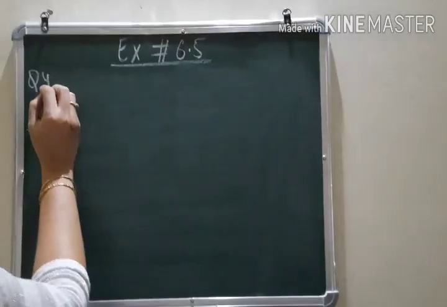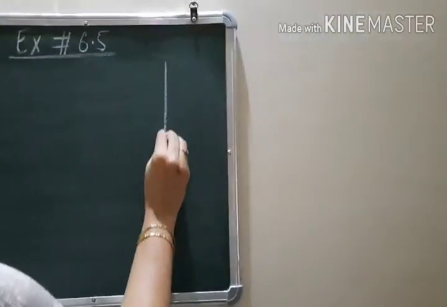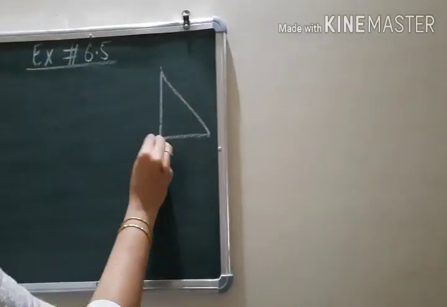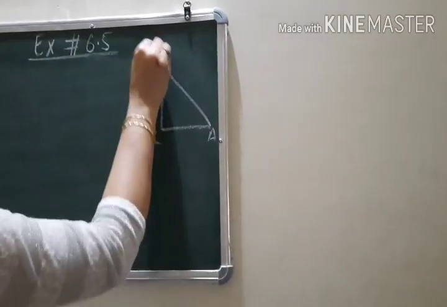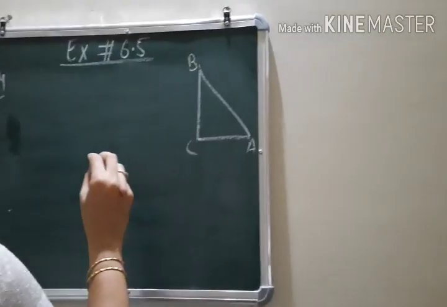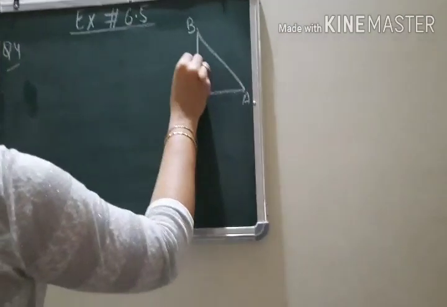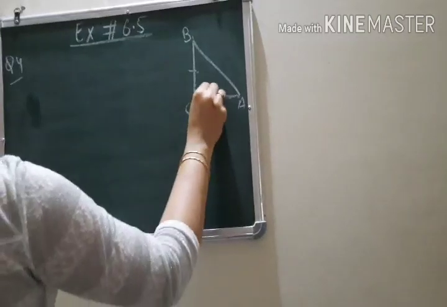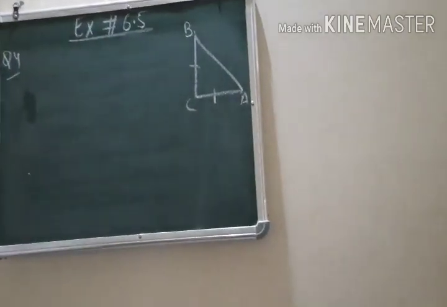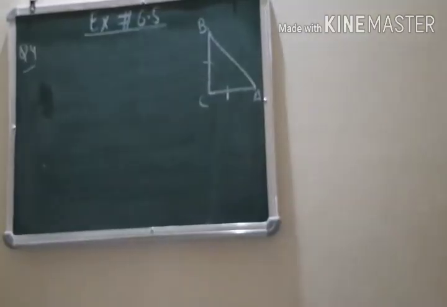ABC is a triangle right angled at C. Now the right angle is at C, so A and B you can put anywhere. ABC is a right angled triangle, and it is isosceles. Isosceles means these two sides will be equal, because the hypotenuse we know is always the longest side.